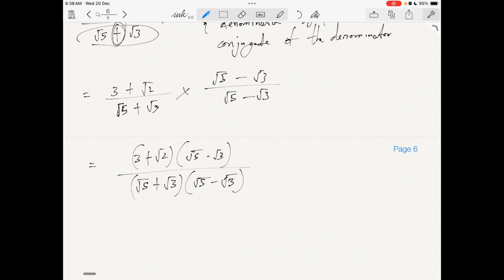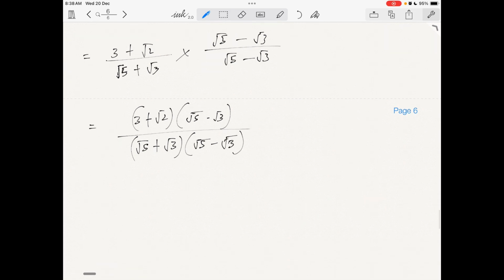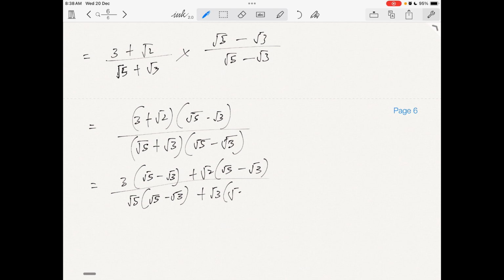Now this brings us back to multiplication of surds. So when we multiply out, we have 3 into root 5 minus root 3 plus root 2 into root 5 minus root 3, divided by root 5 into root 5 minus root 3 plus root 3 into root 5 minus root 3.